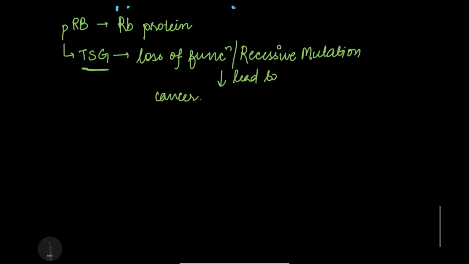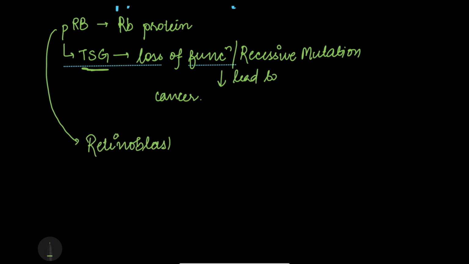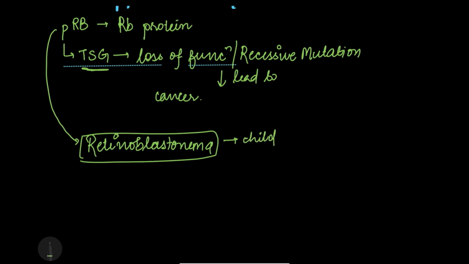Okay, and mutation in the pRB protein causes retinoblastoma. It is a type of cancer in which children with retina disorder are born, right?